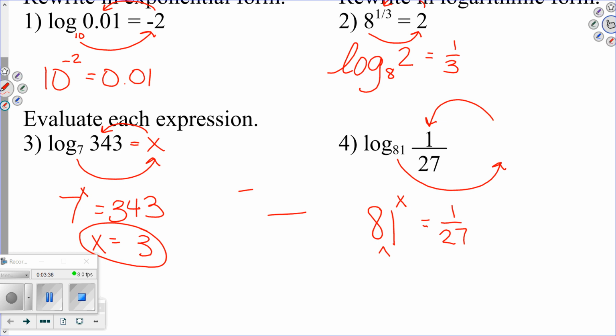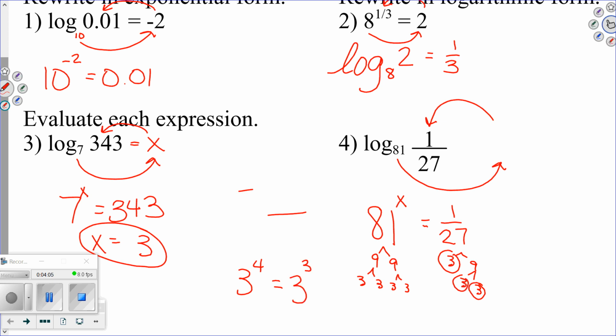Let's do factor trees on these and see what we've got going on here. It's not a real clean number system like some of these were. So the 81 can be written as 3 to the 4th, because I have four 3s. And 27 is 3 to the 3rd.